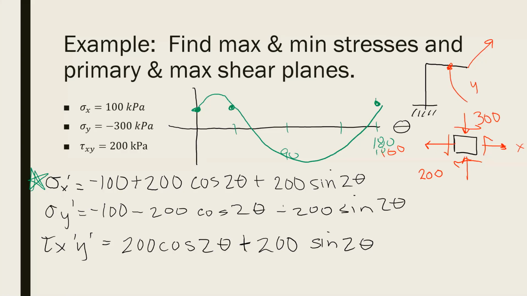Then we can look at sigma y prime. That one's going to start at negative 300. It's going to end at negative 300. And it's going to be the mirror of the equation that we just plotted. So they're going to look like this. Except, let me try that one more time.